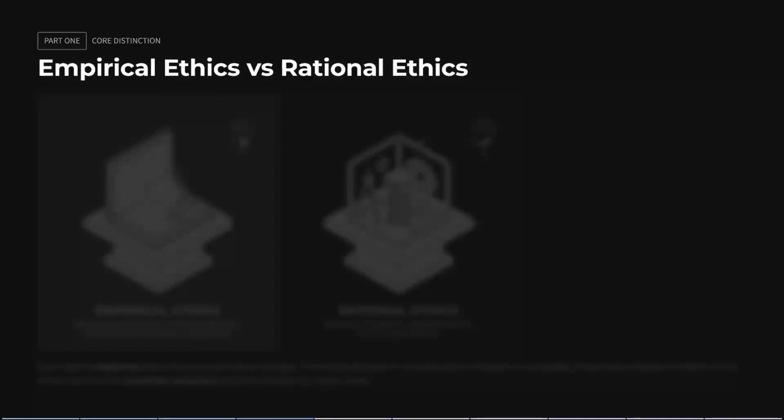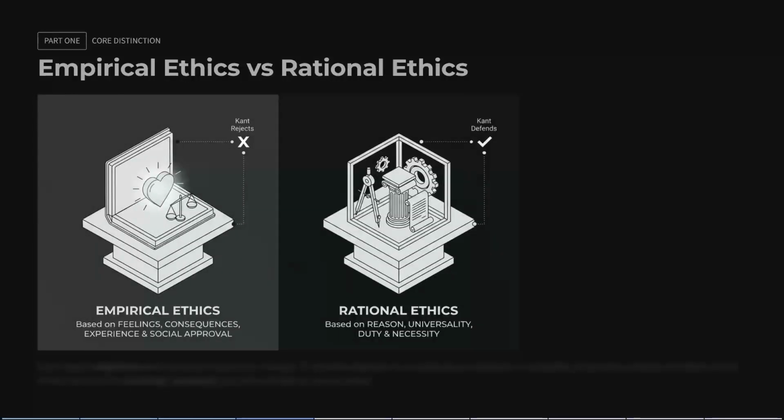So, before we get to the content of Kant's ethics, we need to understand why he rejects all empirical approaches to morality. And this is the philosophical foundation on which everything else rests. Now, empirical ethics grounds moral judgments in experience, in observations about what produces happiness, what people desire, what consequences follow from actions.